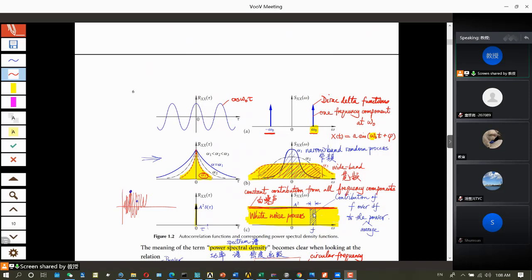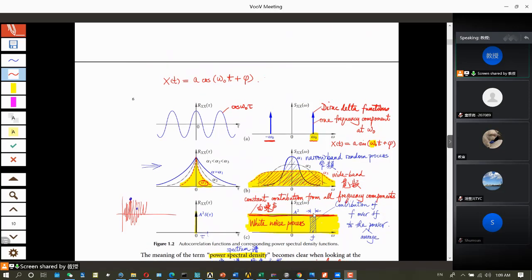If we have a harmonic function, x is a cosine omega 0 t plus some phi, it is definitely deterministic.